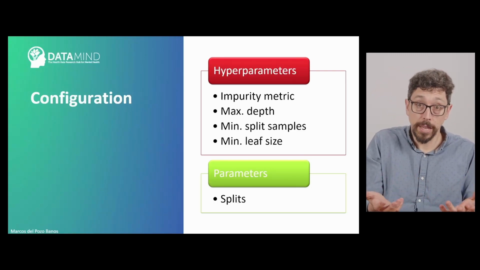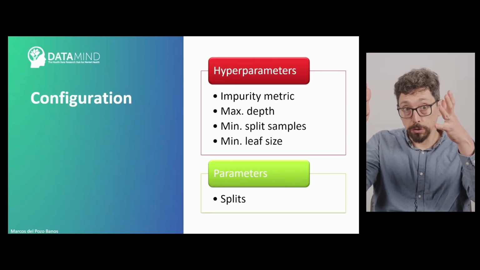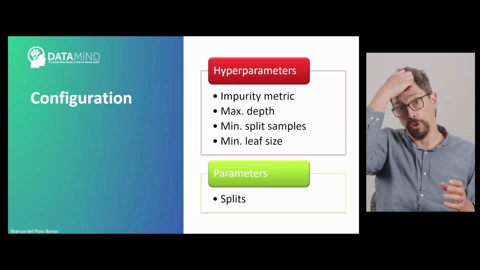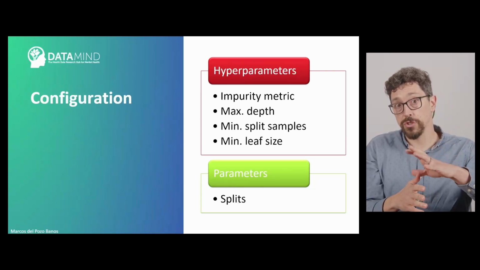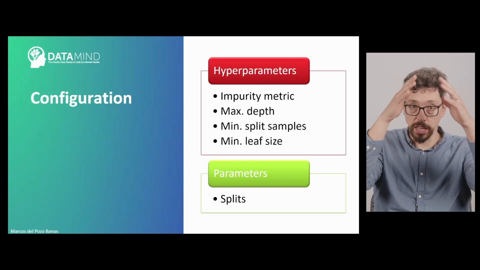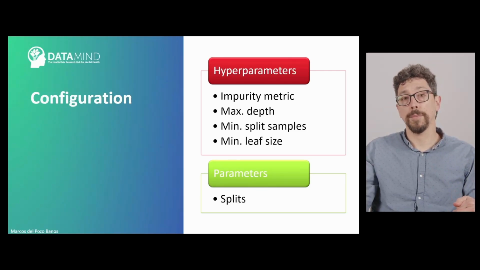Well, the splits. So all the root nodes and all the different decision nodes. So all the different thresholds for each feature applied in each of these nodes to generate the splits. Those are the parameters.